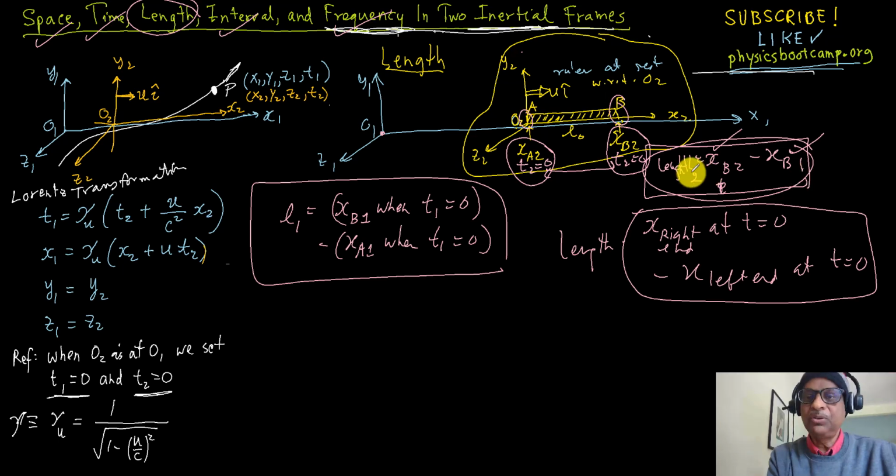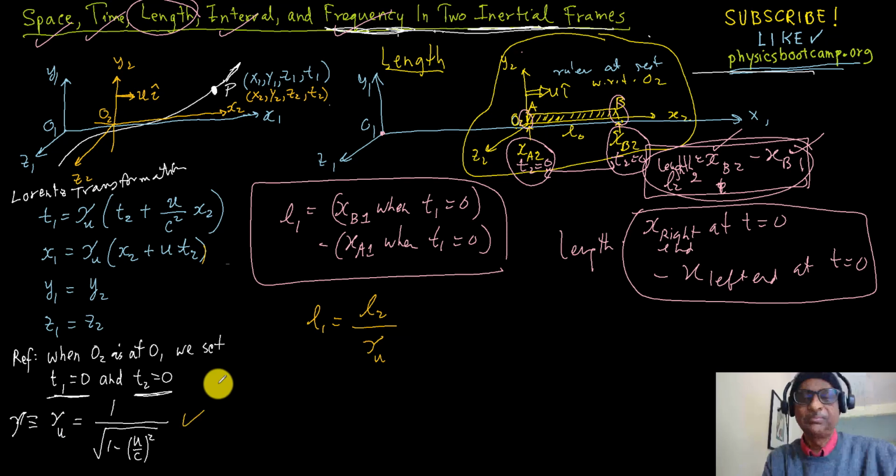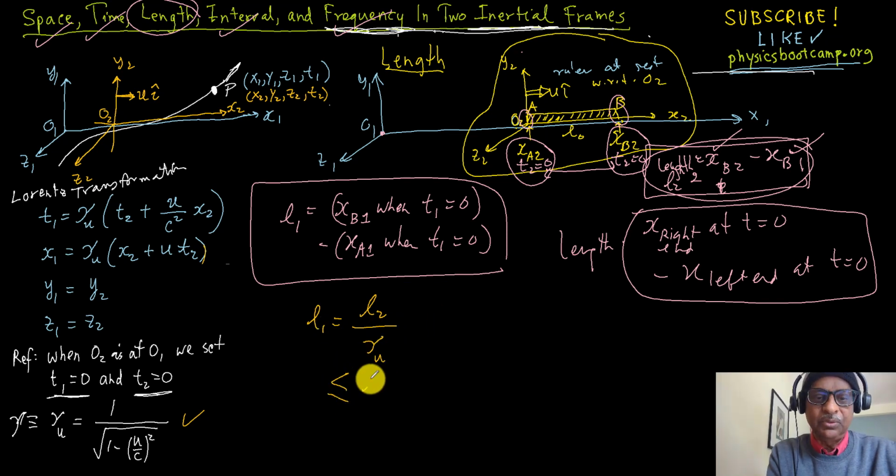And I want to know how L1 and L2 are related. I will prove to you that L1 is actually L2 over gamma u, and gamma u is this. This is why we say that L1 is less than or equal to L2.